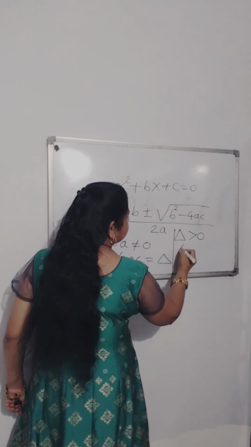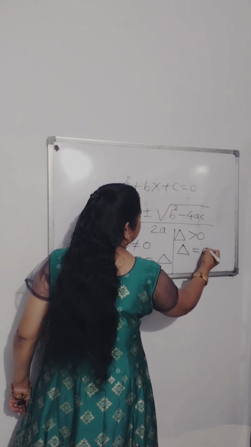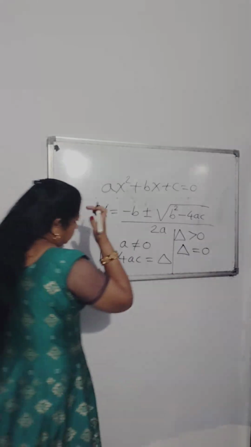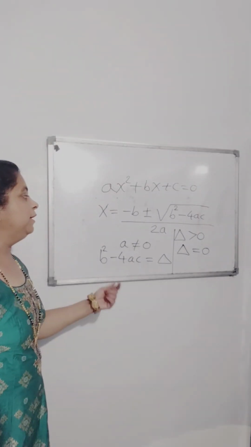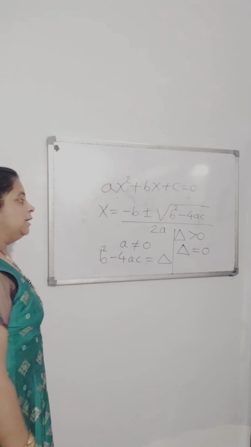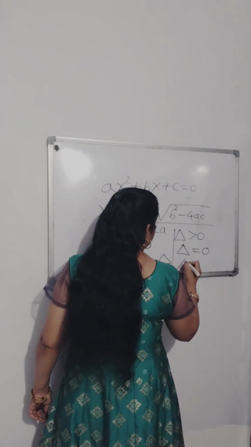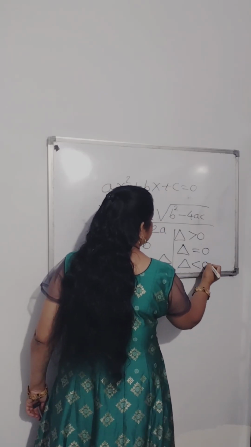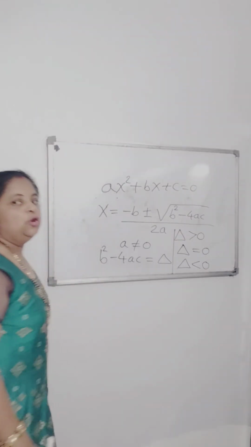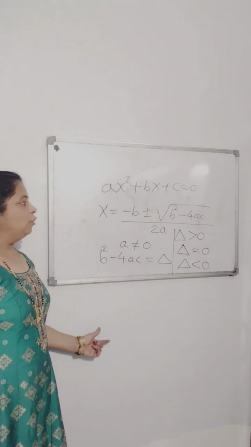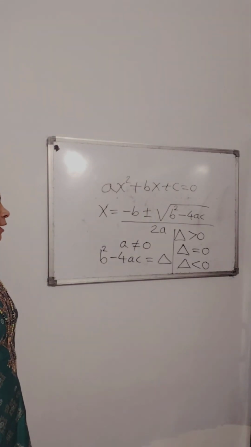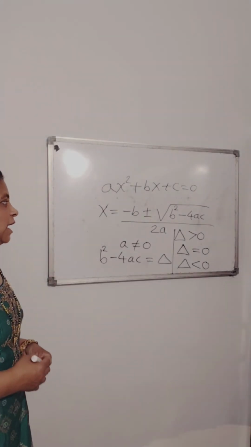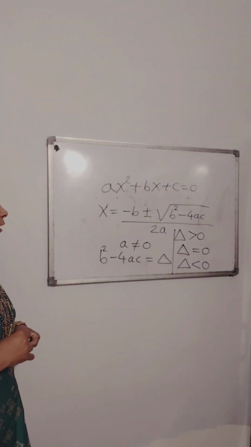If delta is equal to 0, we get a single repeated root, that is a real root. If delta is less than 0, then there will be no real root, or we cannot get the value of the quadratic equation. So these are the conditions while using the quadratic formula.